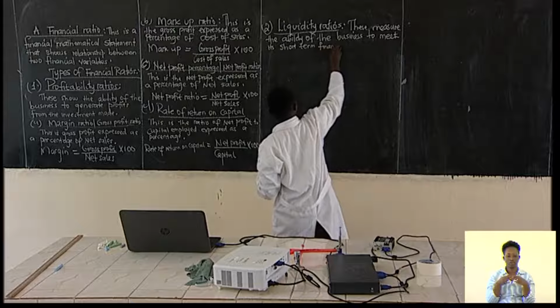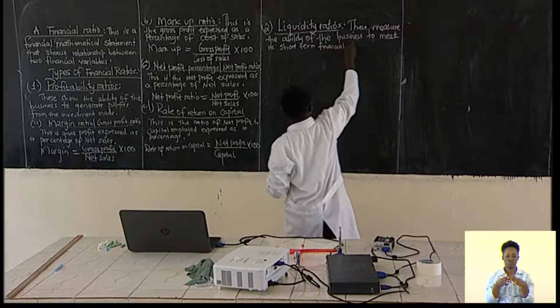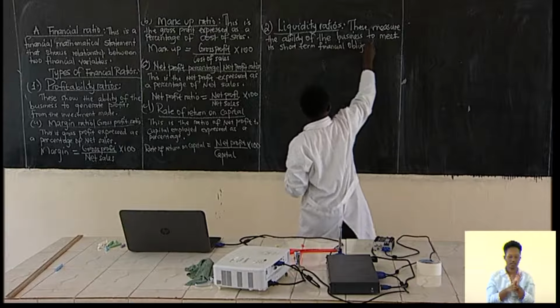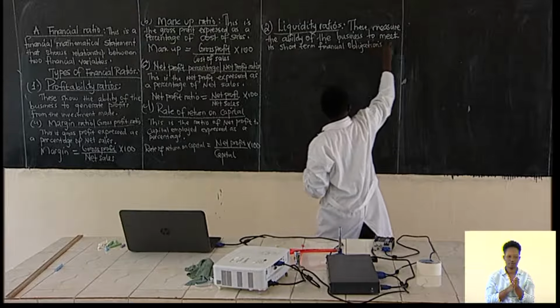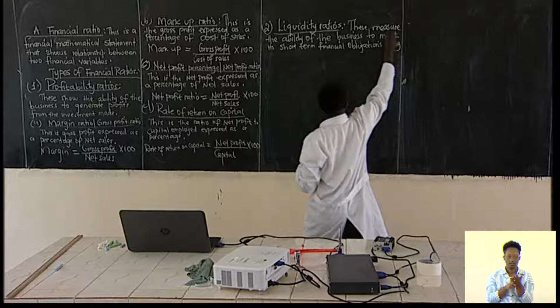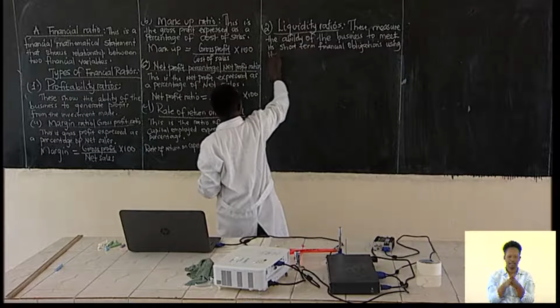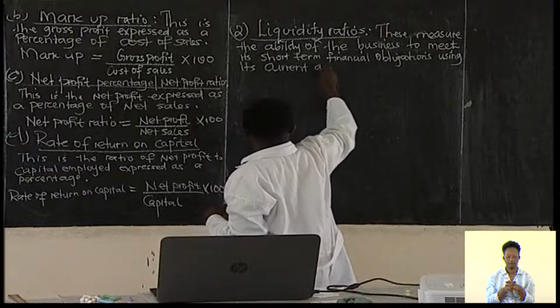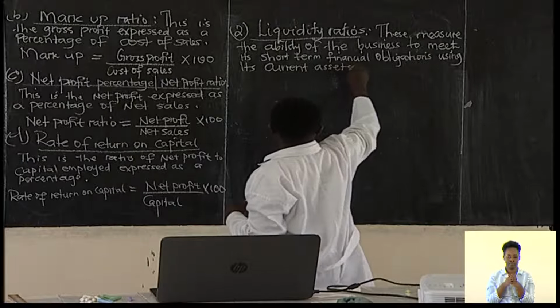These are current liabilities, learners, short-term financial obligations, using its current assets. Using its current what? Its current assets.